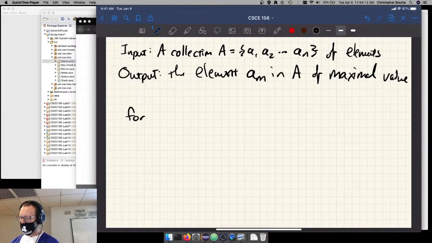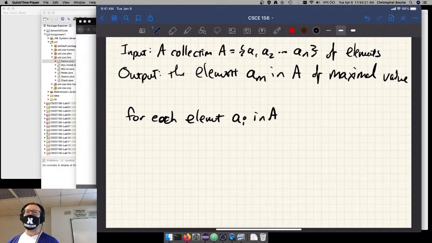For each element, A sub i in A. Now, if you have some discrete math background, then you might be more comfortable with that notation right there. If not, I'll go ahead and keep it as plain English like this.